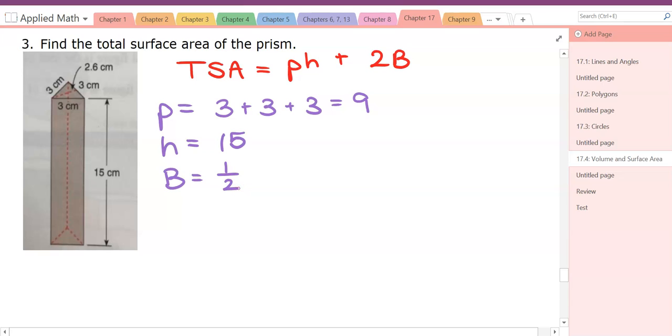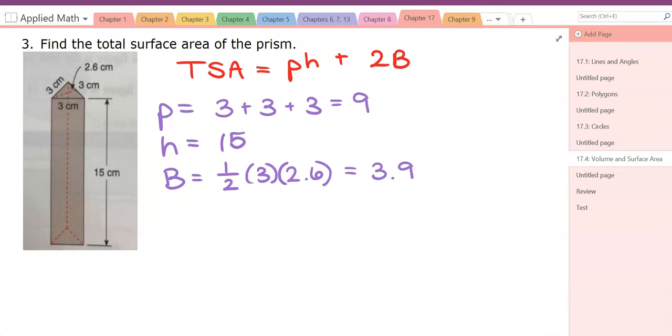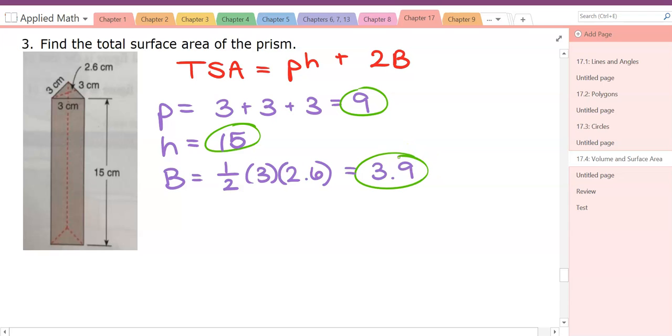So the base, and we're talking about just the triangle shape, the base is 3, and the height I said was 2.6. So 1/2 times 3 times 2.6 is going to be 3.9. Okay, so now we have these 3 pieces that we need to plug in, the 9, the 15, and that 3.9.